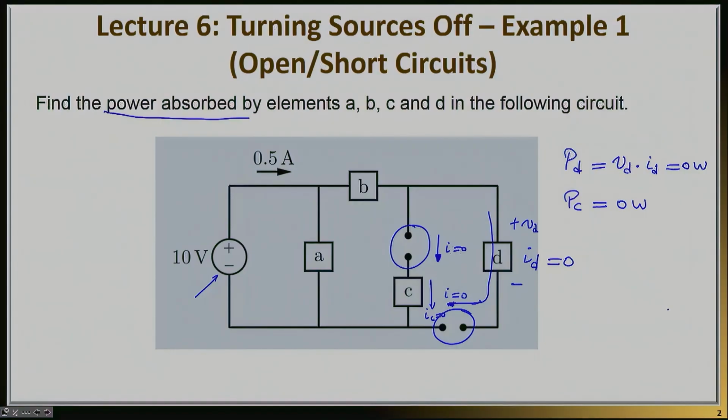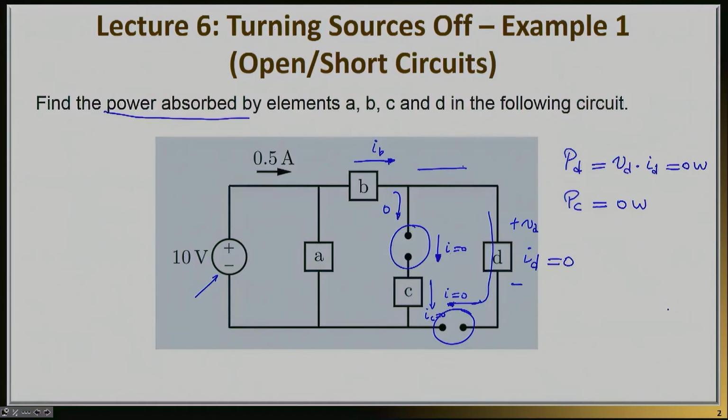It's actually interesting that if you now go a step back, device B will behave in exactly the same way. If you do assume that there was some current IB flowing here, you would very quickly come to the conclusion that this IB is equal to 0. Why? Because as this IB is flowing through this device, it will have a choice to go down, but we know that this is 0.